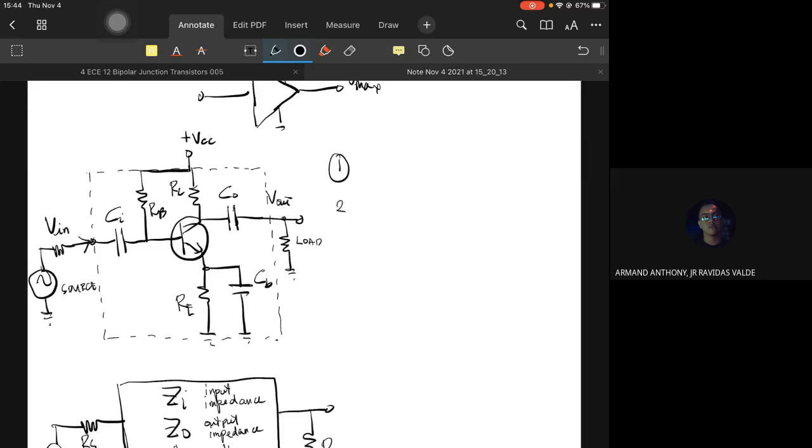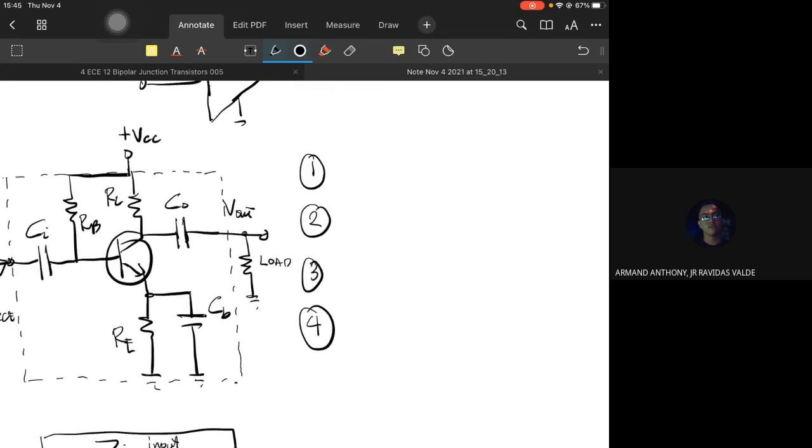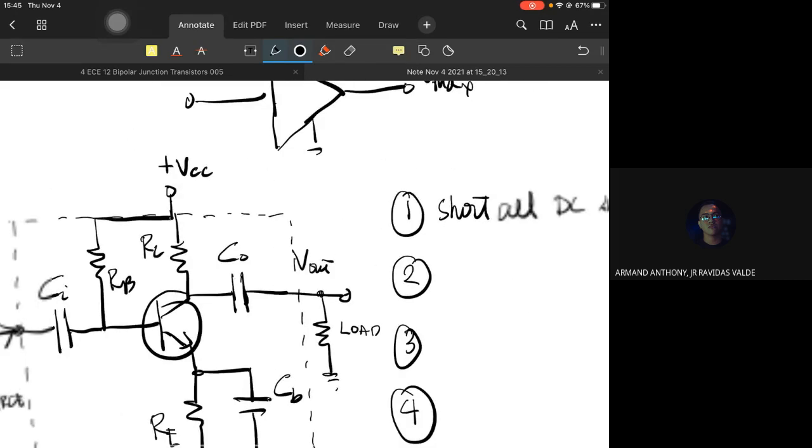There are four rules. The first rule is to set all DC sources to 0, or short all DC sources. Meaning, for example, this one, VCC, that is where VCC should be.